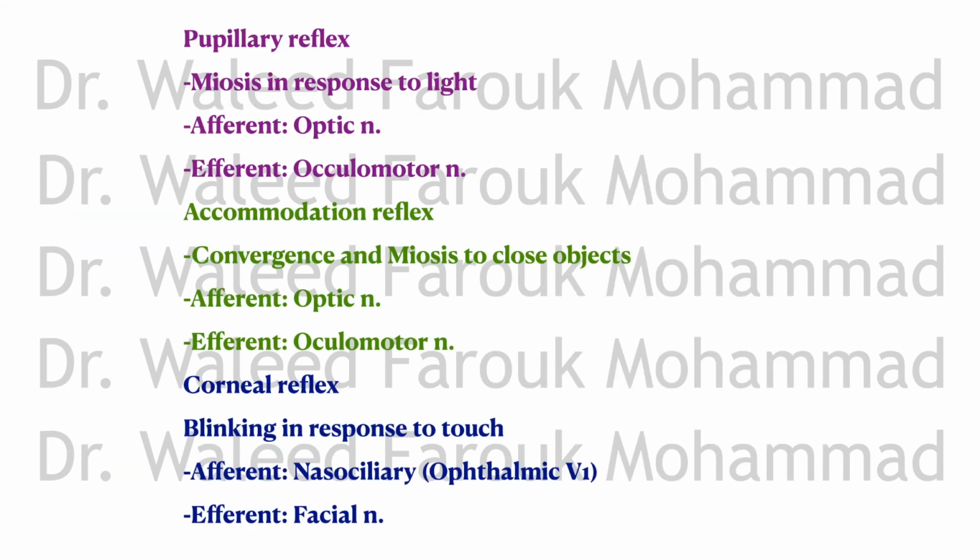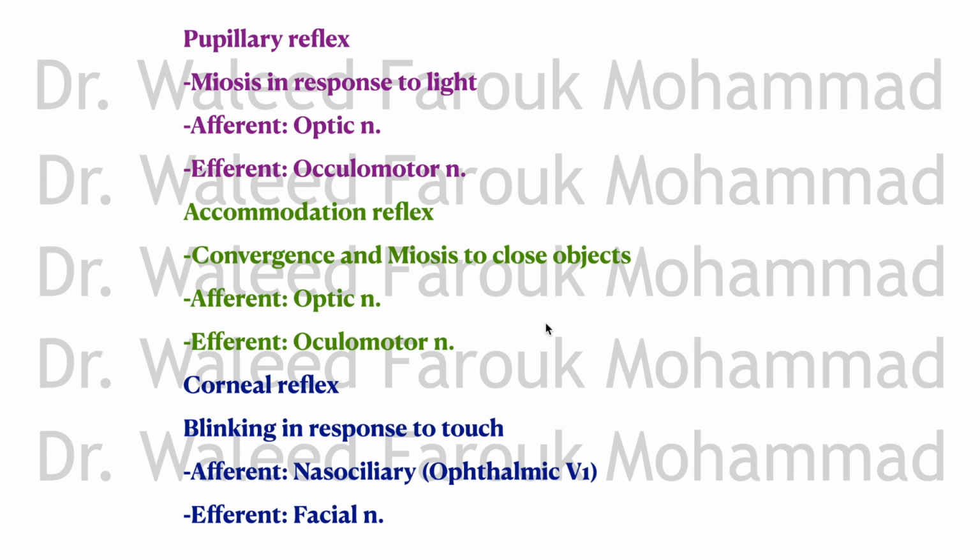Okay, now the last thing I'm going to inform you about is the reflexes. We have three reflexes in the eye: the pupillary reflex, which you get meiosis, constriction of the pupil with light. The afferent limb for this reflex, I mean the one which took the afferent impulses directed to the CNS, which nerve?